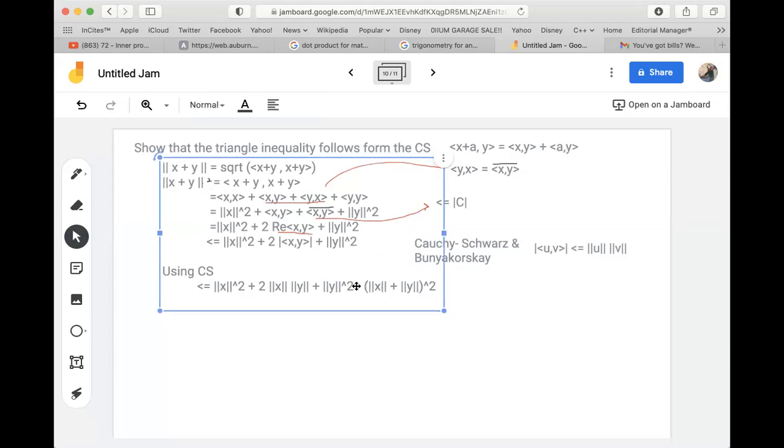Okay. So now we can prove the third axiom just now. So now we can show that the norm of x plus y to the power of 2 here is less or equal to norm x plus norm y to the power of 2.